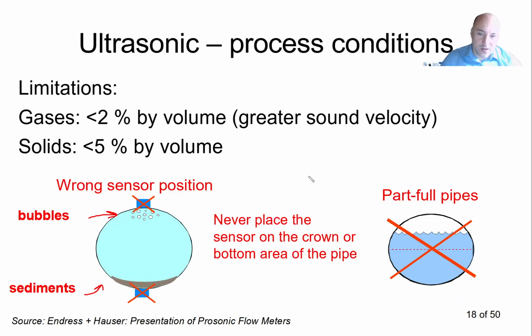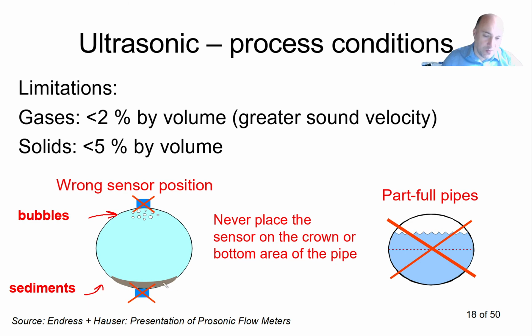What are the conditions where we can actually use this ultrasonic flow meter? Now we need the ultrasonic signal to travel correctly in the fluid. So we need to watch for eventual bubbles of gases in our liquid. So for example, you can see here we have some bubbles on top of our pipe, and that might be a problem. The same problem might be on the bottom.